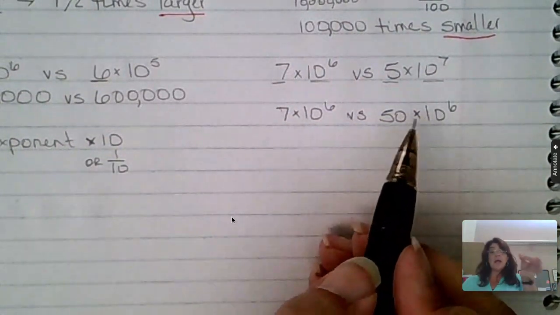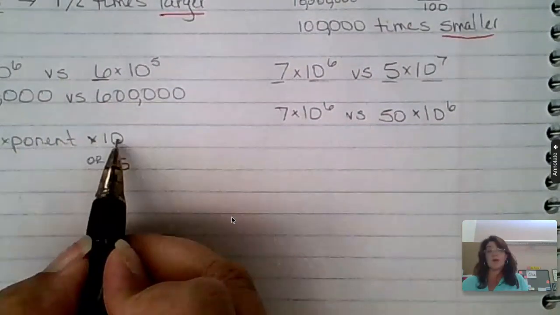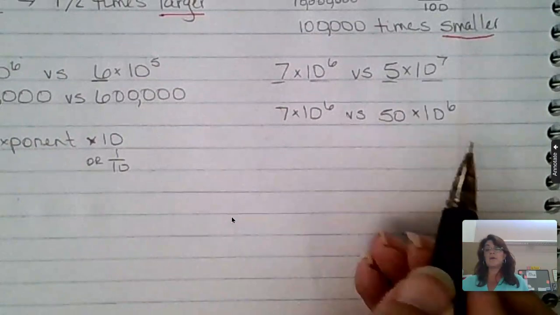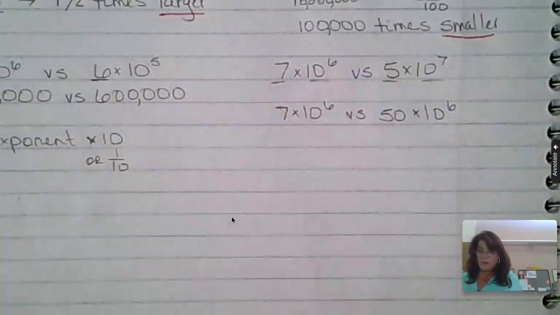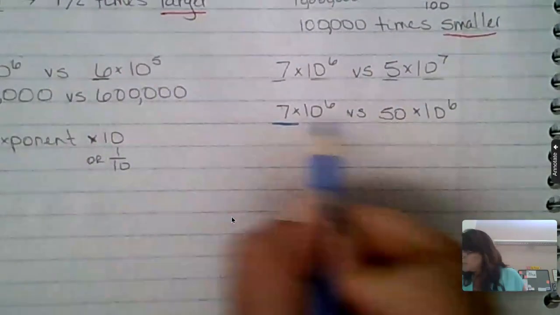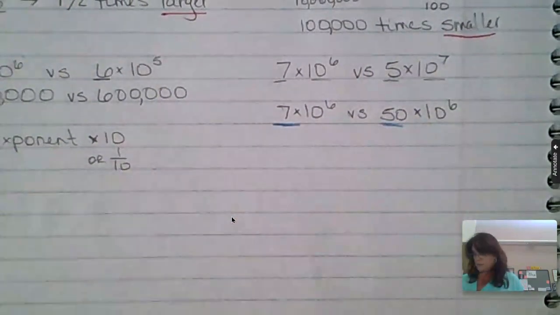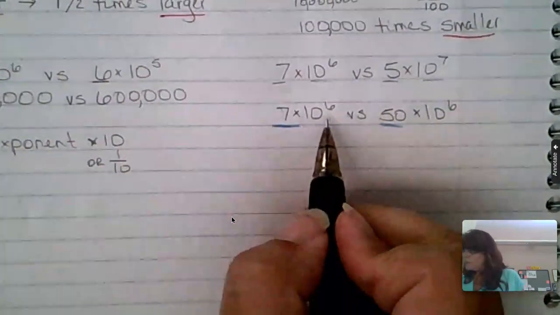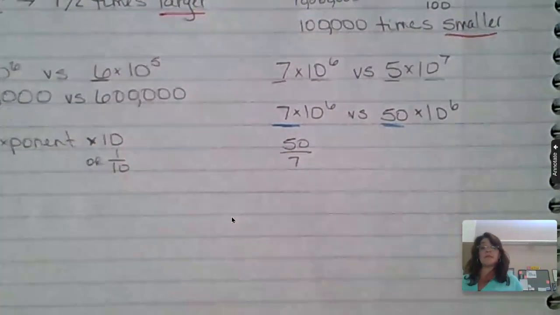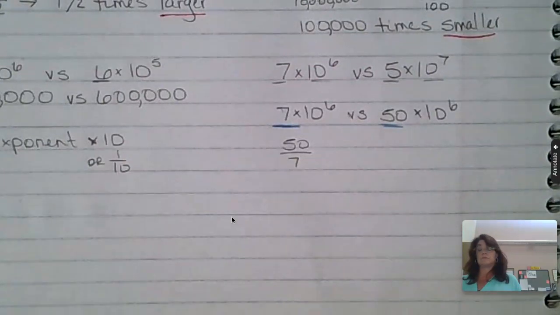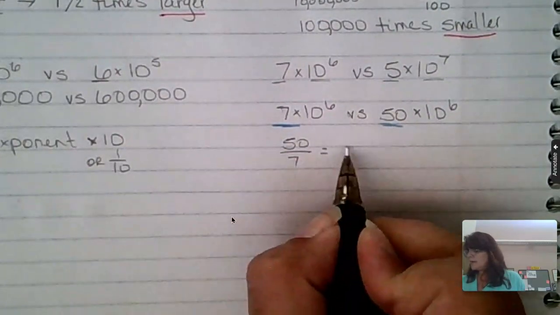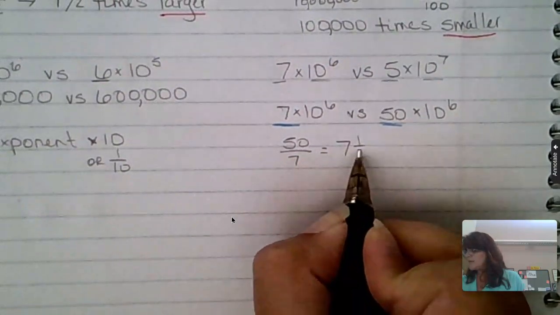So that times 10 that happened right here is reflected. Now I'm going to say, okay, 50 divided by 7, that equals 7 and 1/7.